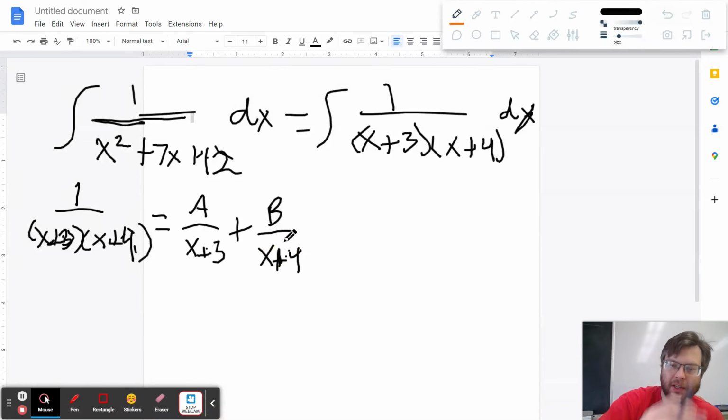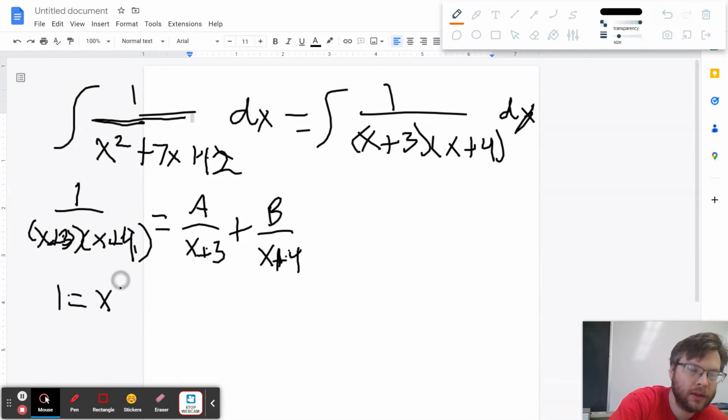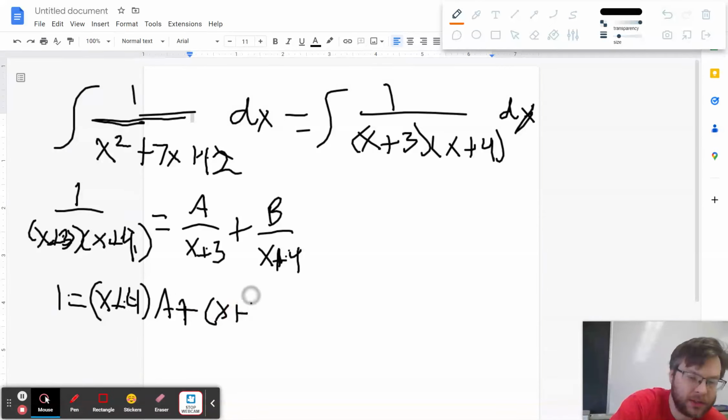Then you cross multiply, just like I did with the numerical example. So now I have 1 equals x plus 4 times a plus x plus 3 times b.